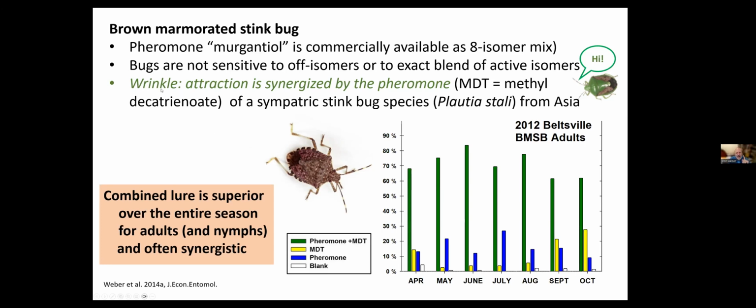And as I mentioned, we had a wrinkle. The attraction is synergized by this other pheromone of this other bug species, which, when I say sympatric, does coexist with brown marmorated stink bug in Japan, China, and Korea. So they've evolved together.